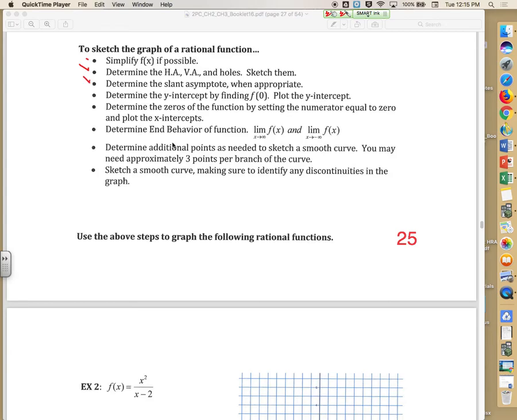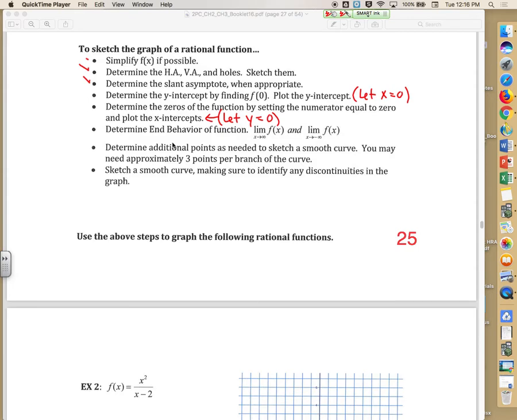So you do your long division and then delete the remainder. What's the y-intercept? You can find the y-intercept by letting x equal 0. Find the x-intercepts by letting y equal 0. We can look at the end behavior for the function.